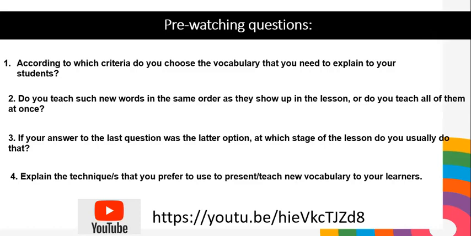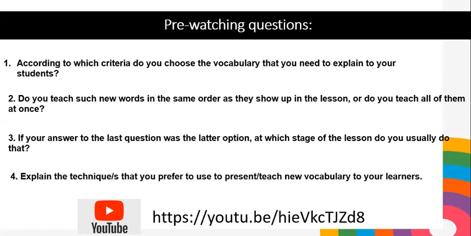All of us as teachers, when we explain lessons, usually explain new vocab one by one, new words one by one. Right. In the same order in which you planned your lesson plan. Yes. I think, Mister, we have to say the words in order. Right, I agree with you.